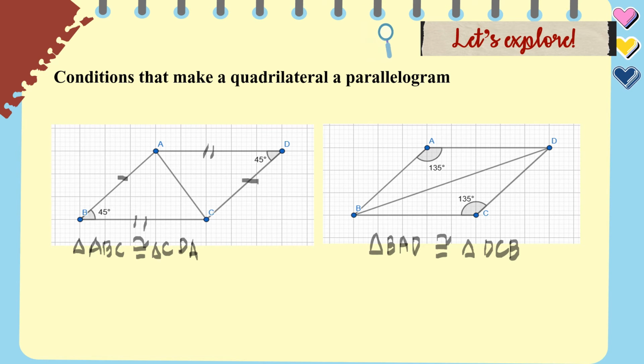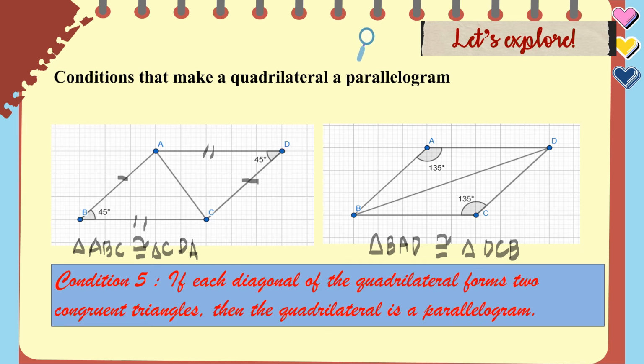The last condition states that if each diagonal of the quadrilateral forms two congruent triangles, then the quadrilateral is a parallelogram.